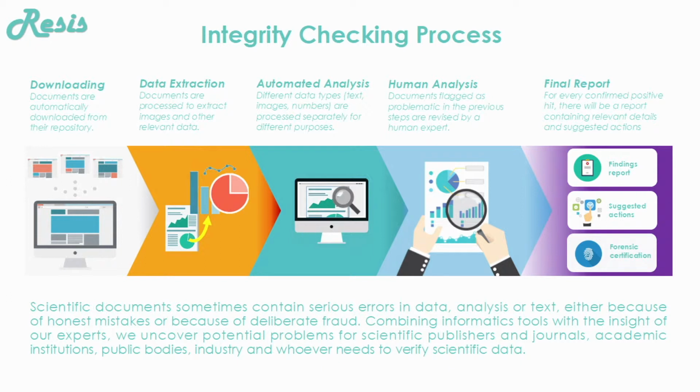The advantage is that you pass from millions of papers to a few thousand and then to a few hundred papers, so that in the next steps a human analyst can use software tools to study the findings of the software and see whether there is indeed a fraud or not.